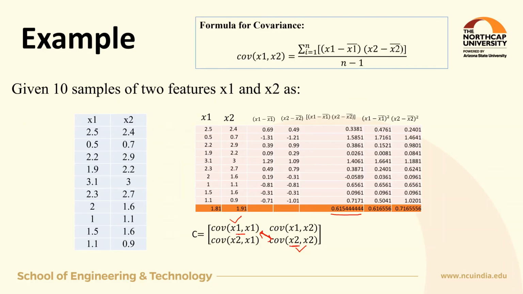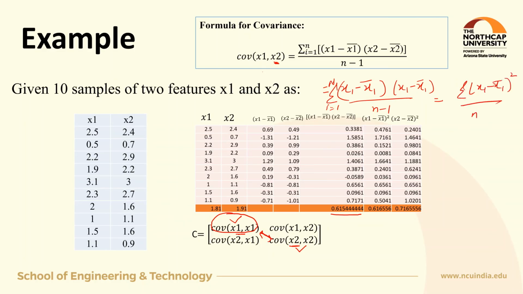So as per the formula, if we replace x2 by x1 to calculate this term, this will become equal to the summation from 1 to n of x1 minus x1 bar into x1 minus x1 bar over n minus 1, and this is nothing but x1 minus x1 bar square upon n minus 1.